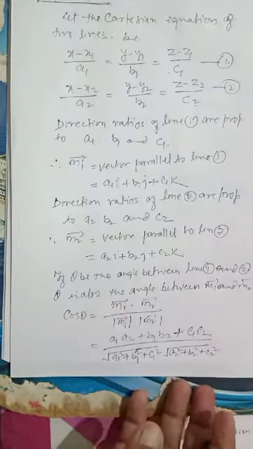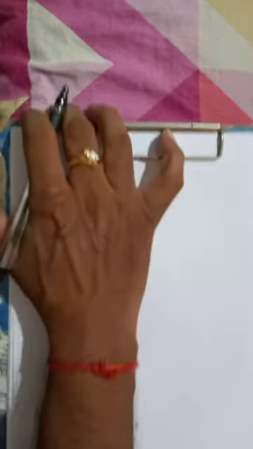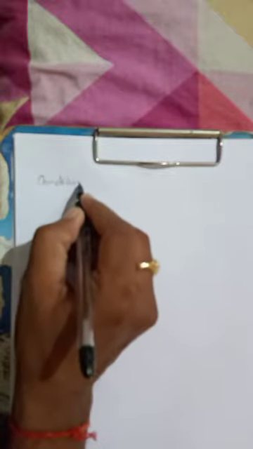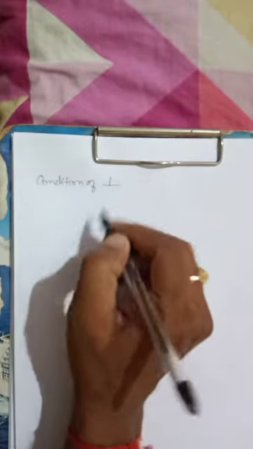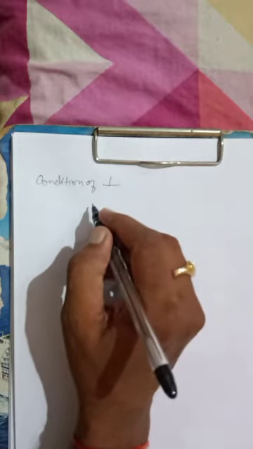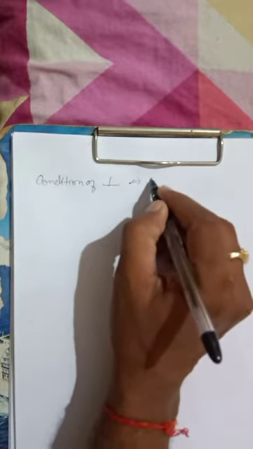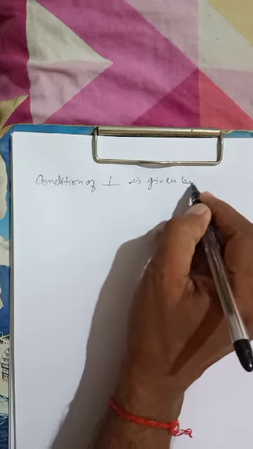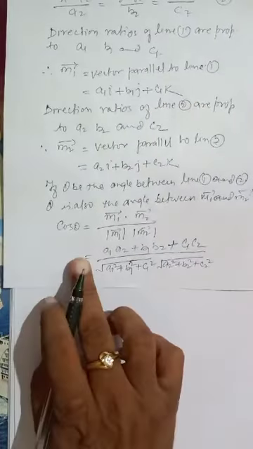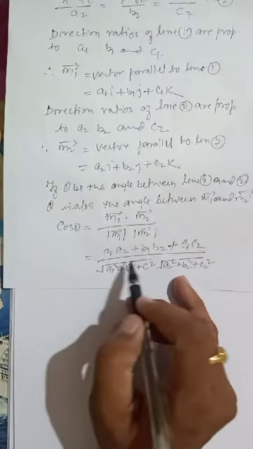So once again, the two conditions, one for parallel and another for perpendicular. In this case, the condition of perpendicularity is given by: when theta is 90 degrees, cos 90 is equal to 0.